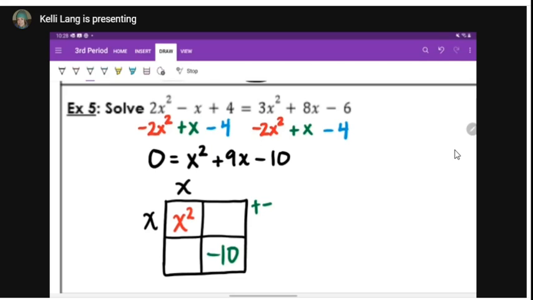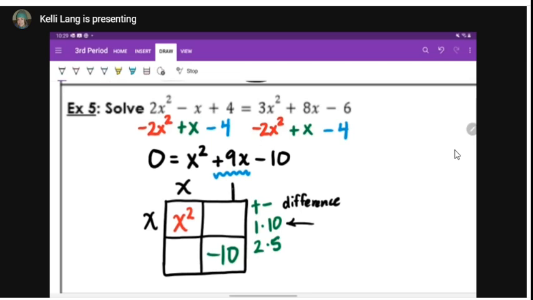Well, if it's negative 10, then we'll need a plus and a minus, one of each. And our options are 1 times 10 or 2 times 5. When your signs are different, you're looking for a difference. So it's the 1 and the 10 that give us a difference of 9. Because 10 minus 1 is 9.